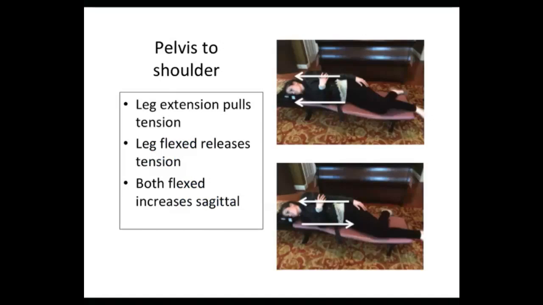But before I do that, I have to understand what I have in the postural listing and what I need to do to that pelvis, okay? And there's a caveat to the end, okay? So one thing that I know is that when I have a leg extended, like Allie's top leg is extended, I am creating tension that pulls towards that leg.